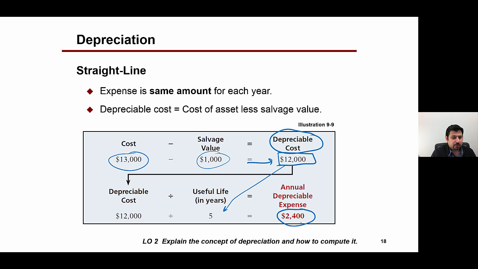Another method, instead of dividing directly by 5 years, is to multiply it by the rate. In this case, the rate is equal to 100% divided by the number of years, so 100% divided by 5, which is equal to 20%.